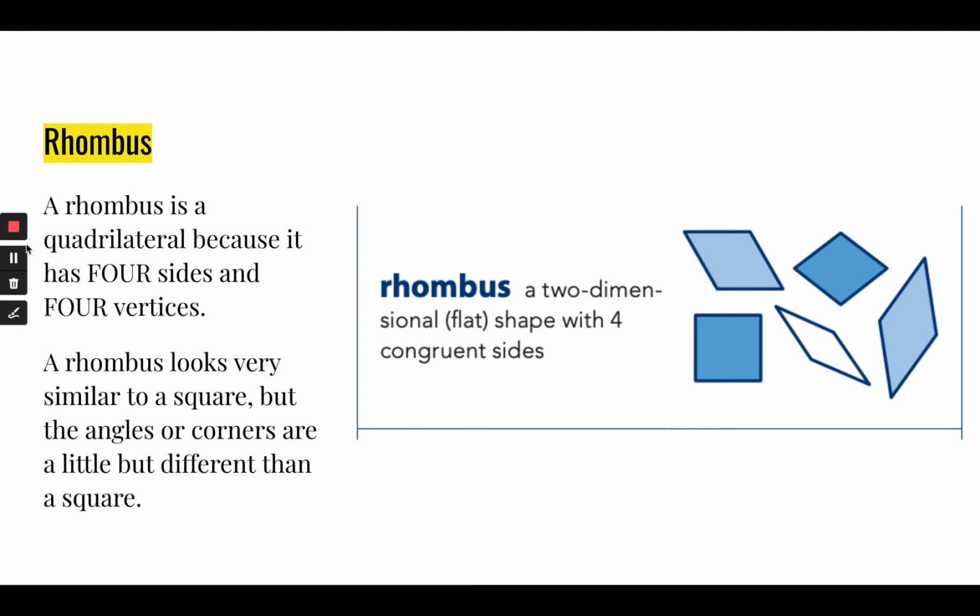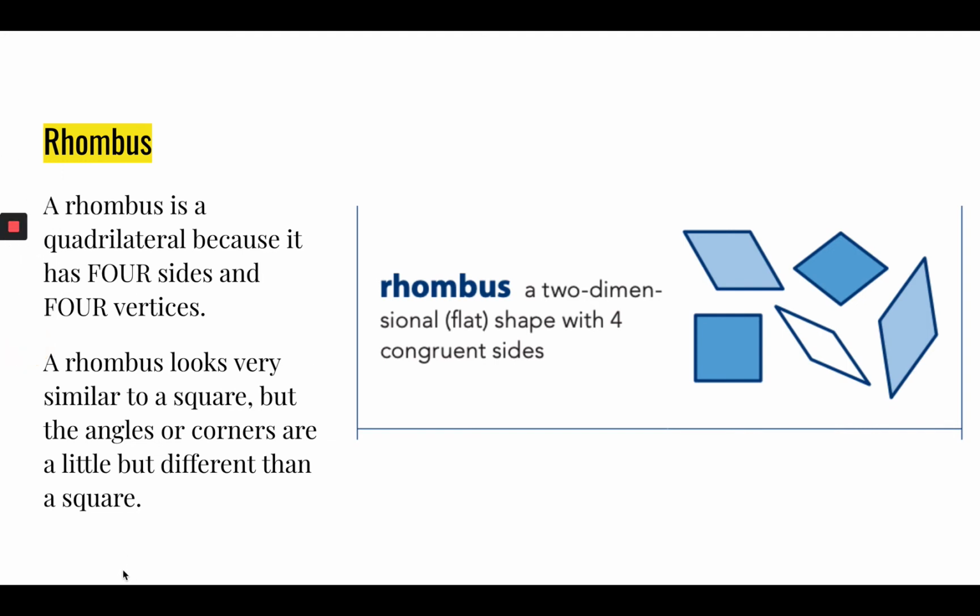So if you take a look, like remember how a square has a right angle, meaning it has an L shape. This does not have a right angle because that is not a perfect L shape. It's a little bit different. This though right here, this does have a perfect L shape, okay? But the difference is that it does also have congruent sides, which means all the sides are the same length, okay? But the angles are just a little bit different.